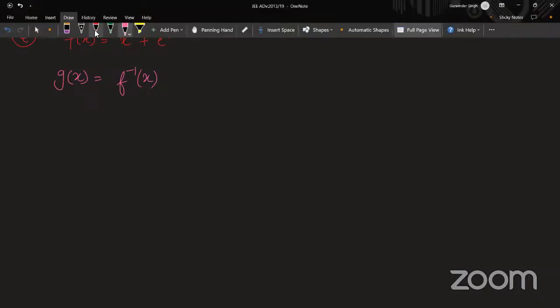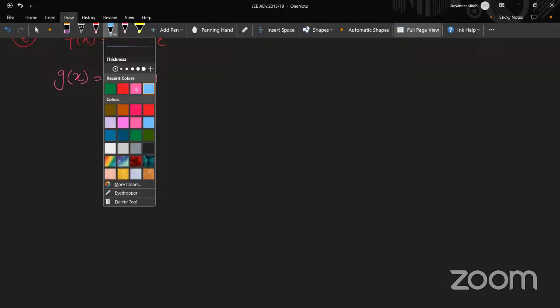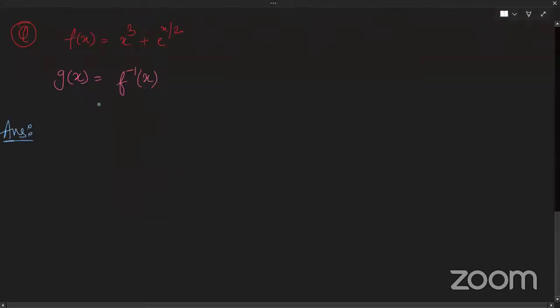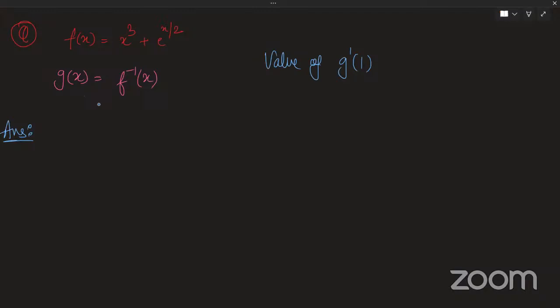We have discussed the inverse of a function. So inverse of a function basically means, okay, we'll do that now. And it is asking you the value of g dash 1. It is asking you what is the value of g dash 1. Single derivative of an inverse. How will you differentiate the inverse?